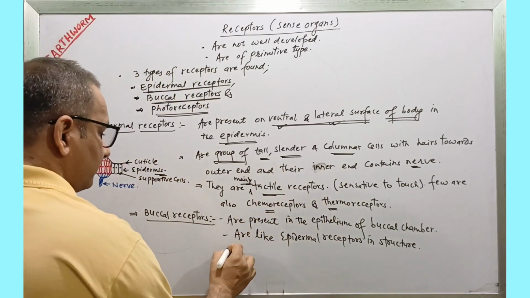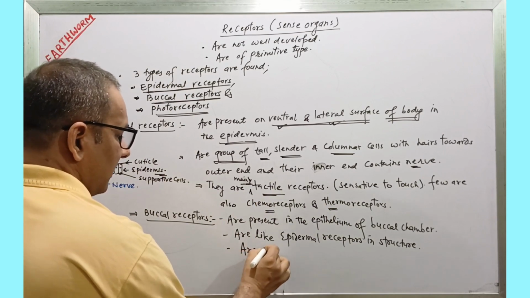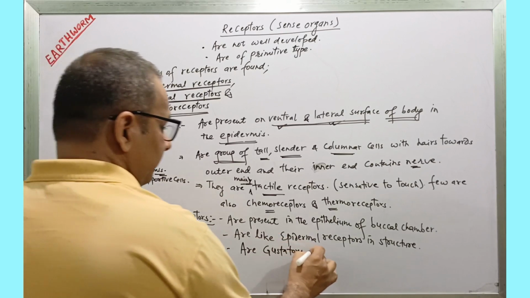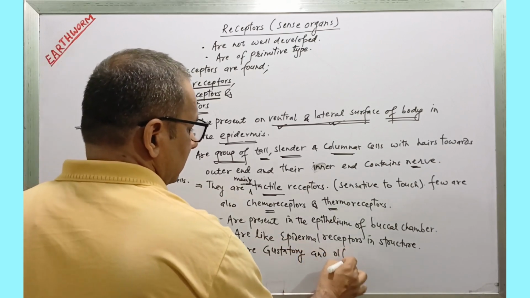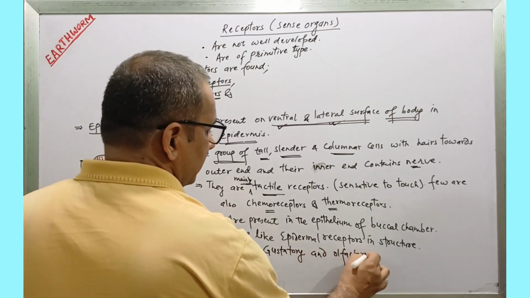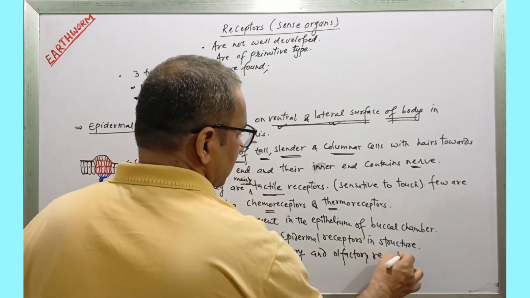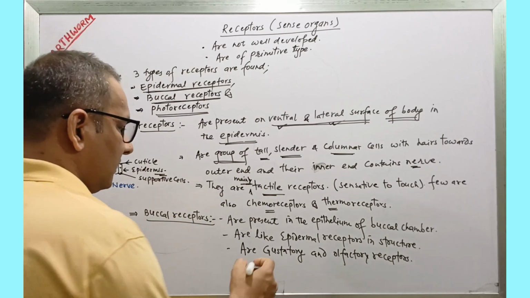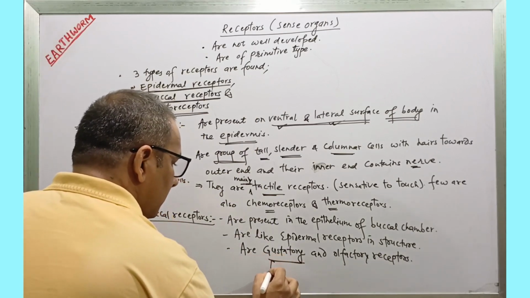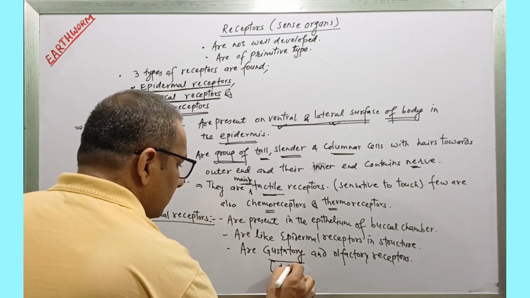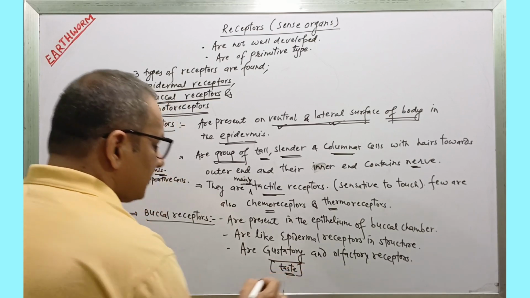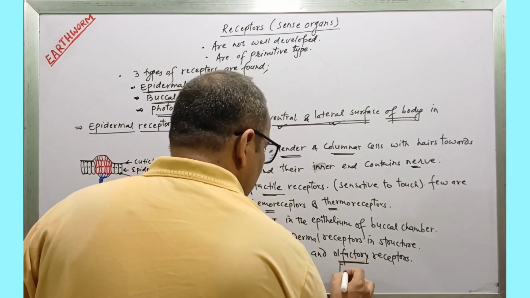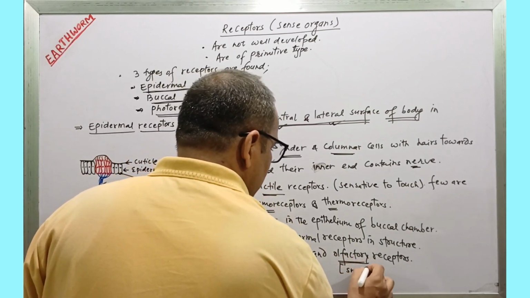So, regarding their function, they are gustatory and olfactory receptors, while a few chemoreceptors may also be present. Gustatory means they are the receptors of taste, and olfactory means they are receptors of smell.